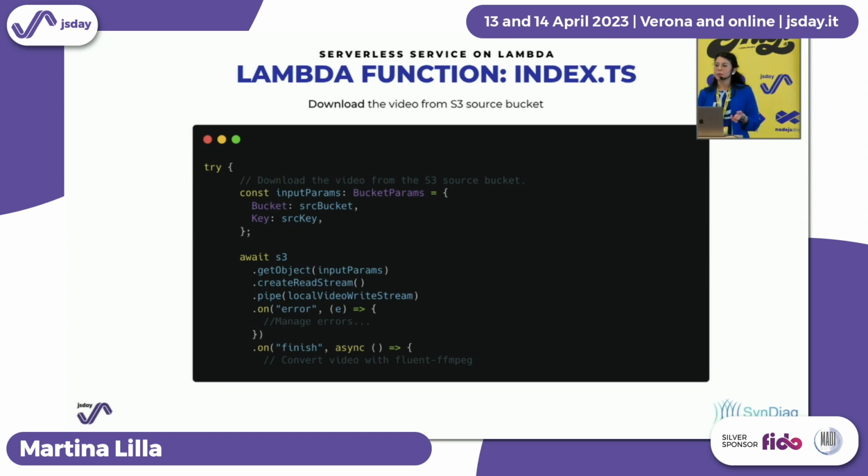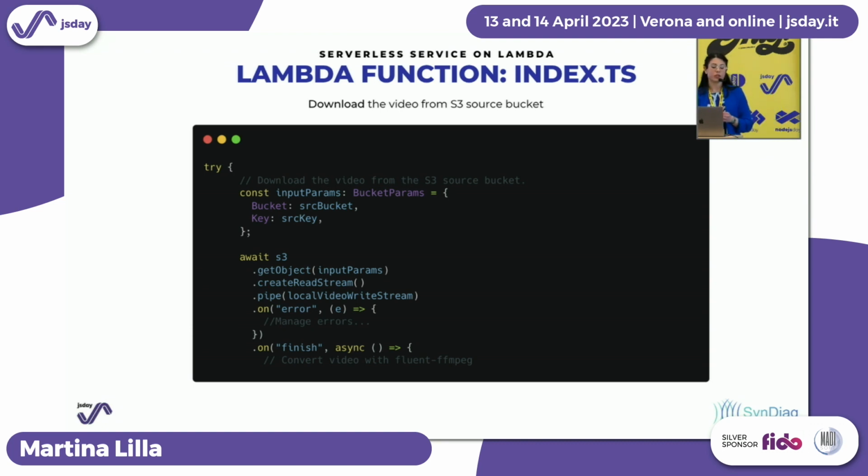The next step is to download the video from the S3 source bucket. To do so, we use the getObject method that retrieves objects from S3 buckets.